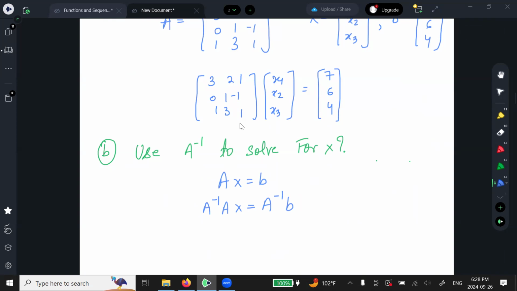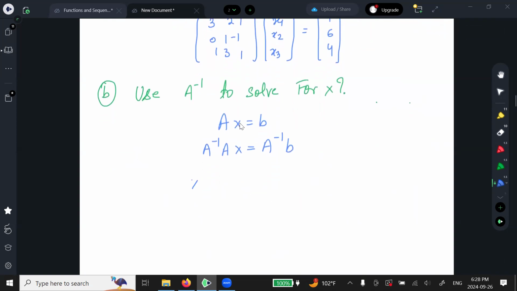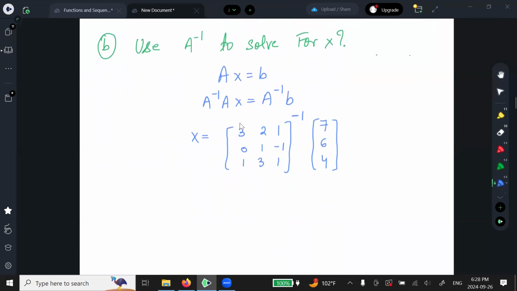So X will be A inverse. A was this matrix, 0, 1, negative 1, 1, 3, 1. Not A, its inverse times B. And we just found the inverse for this matrix. The previous question, yes.